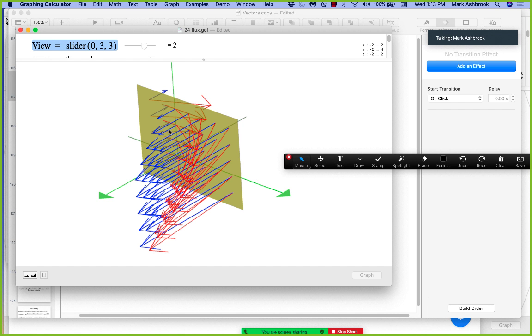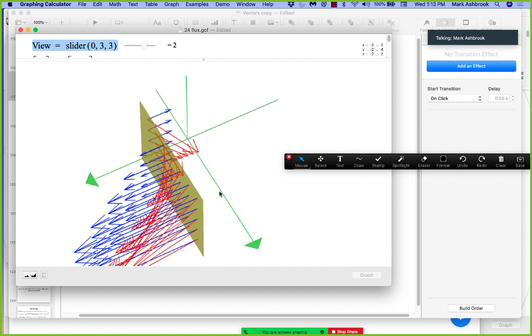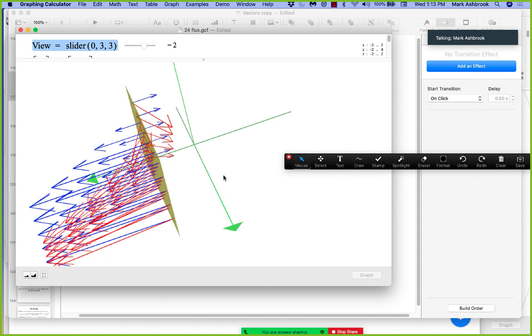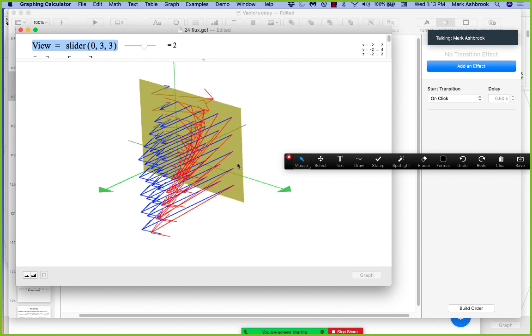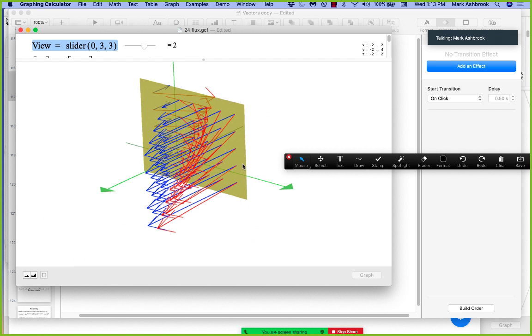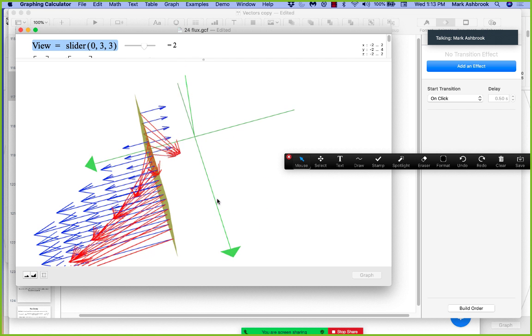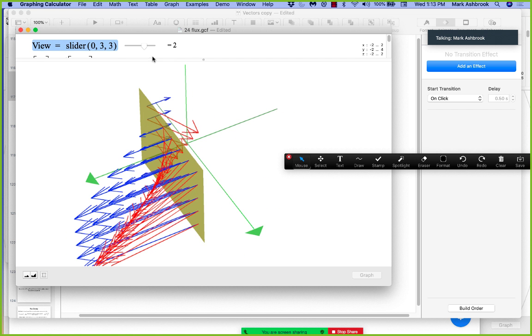Now those vectors will be greatly diminished when we dot them with dS, which is making things very small, but this is just an exaggerated picture of that. So in the end, calculating the flux is just really looking at those blue vectors.